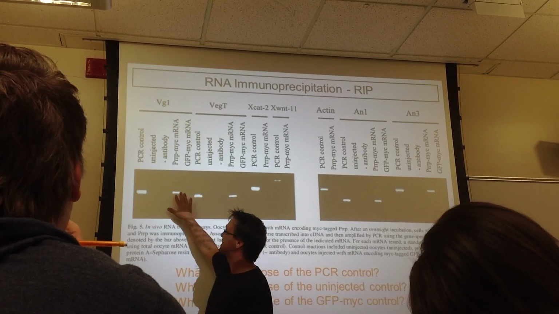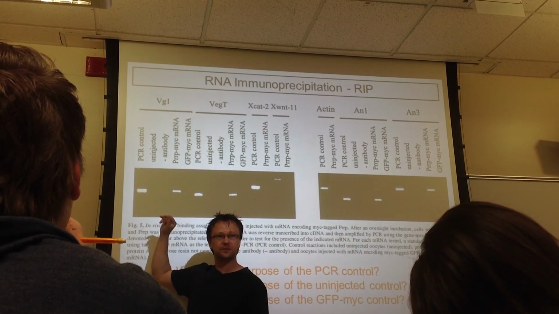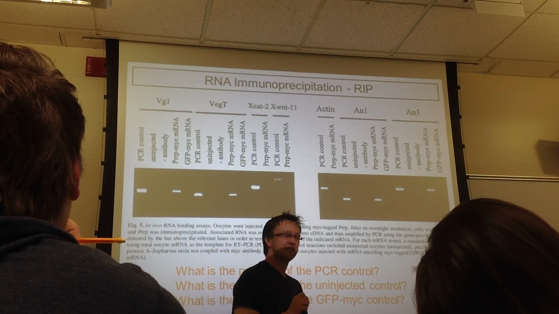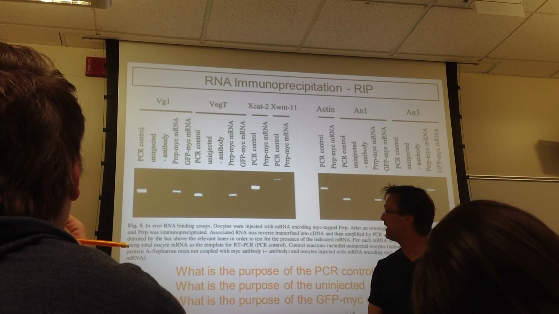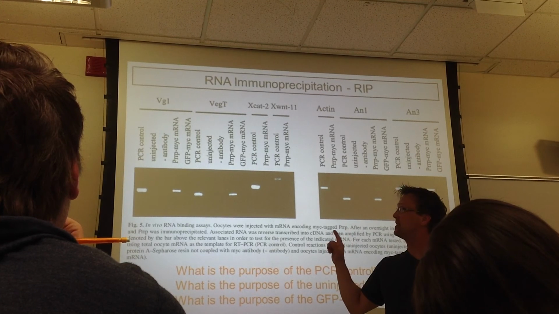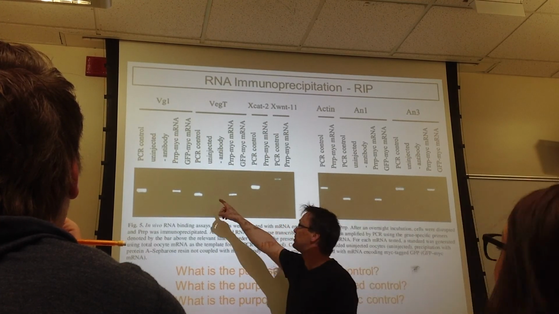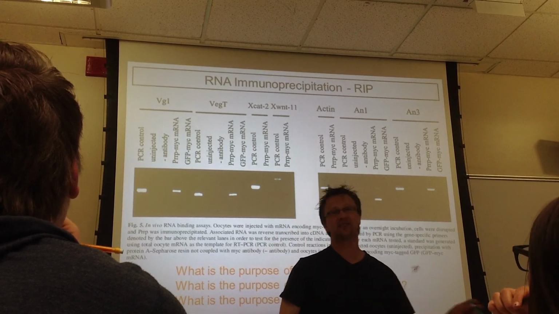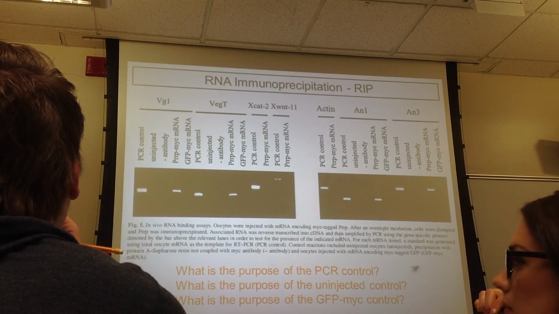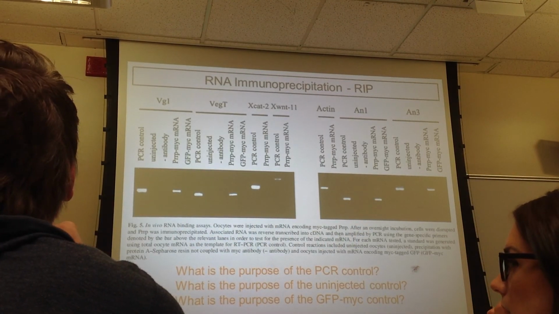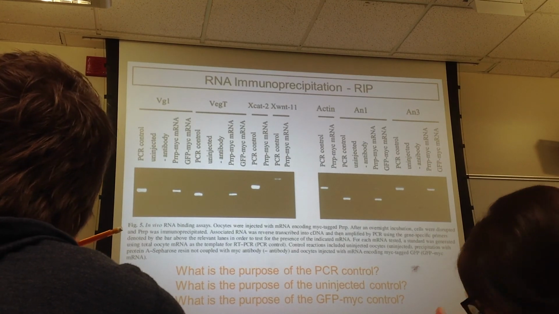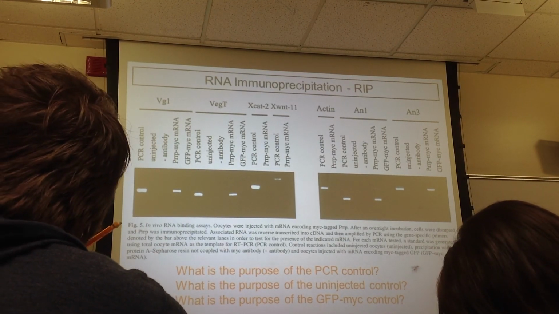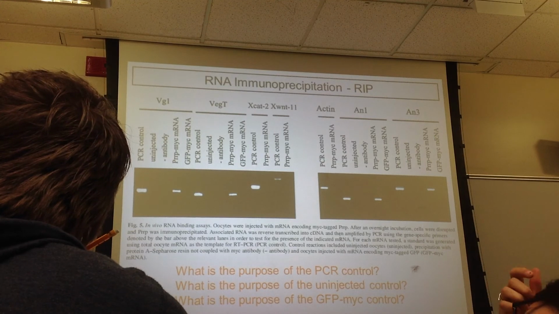Okay, this experiment was actually pretty complicated. What was done was mRNAs encoding this protein that binds to these RNAs, this PRRP protein, together with a Myc tag. A Myc tag is sort of like a 6X histidine tag. So we have our PRRP protein, and then you just have a small c-Myc tag.